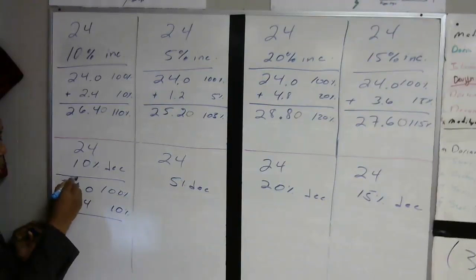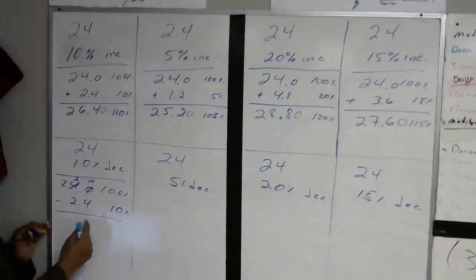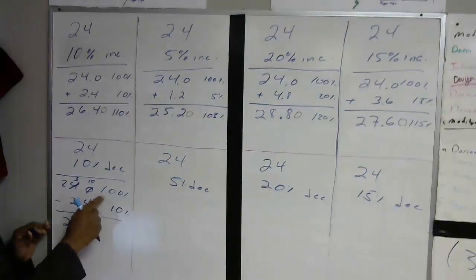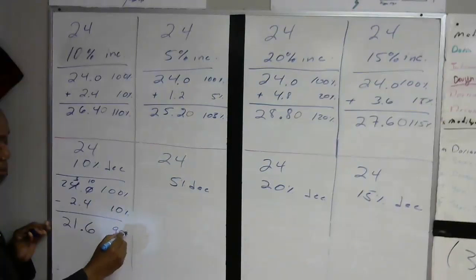So this 4 becomes a 3, and this becomes a 10. 4 from 10 leaves 6. That's your decimal. 2 from 3 leaves 1. And 2 remains. So 100% minus 10% leaves us with 90%.